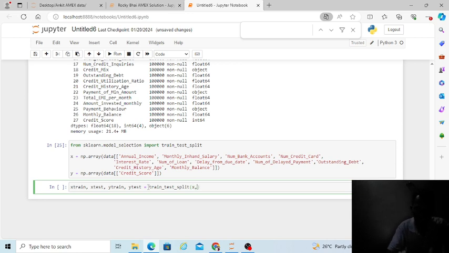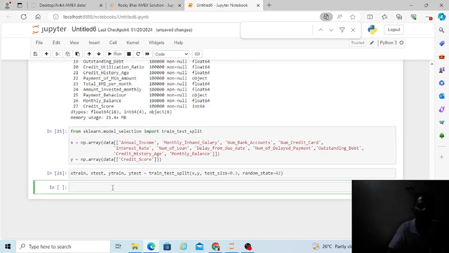I will pass X comma Y comma test size 0.3, random state 42, and we will divide our data.